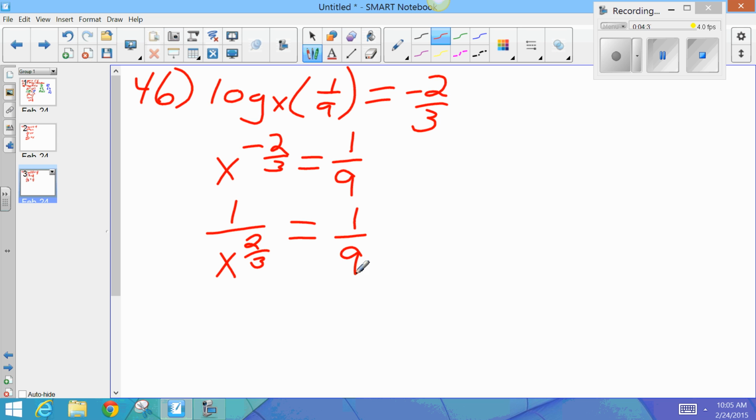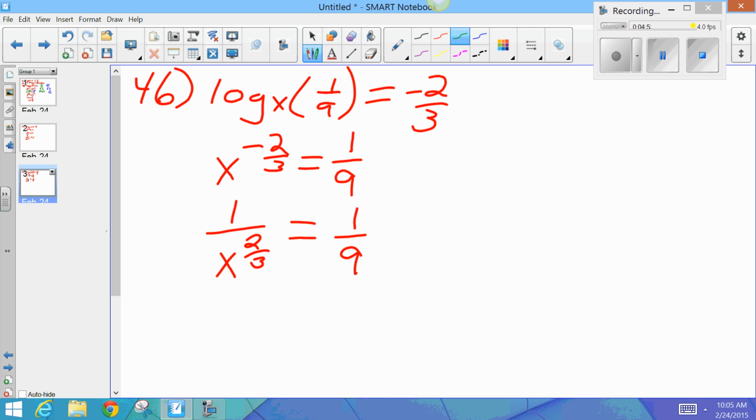All right, so now I've got both the left and the right under 1, all right? I need to get those numbers out of the denominator and into the numerator, so I'm going to cross multiply.